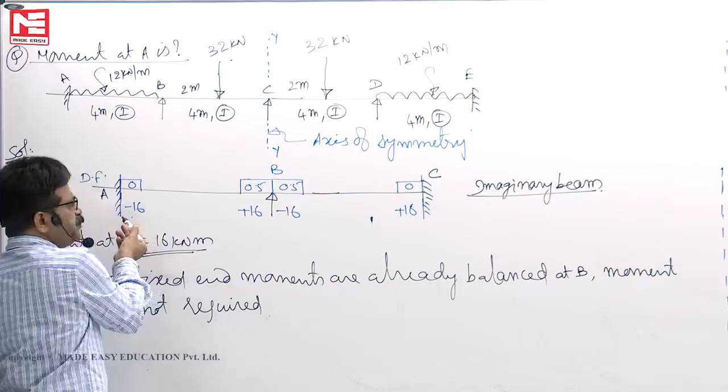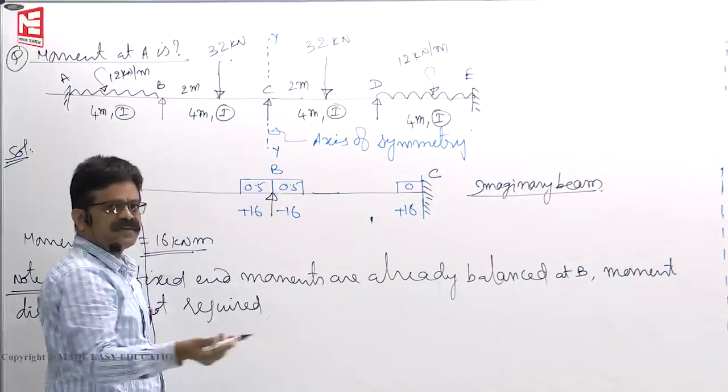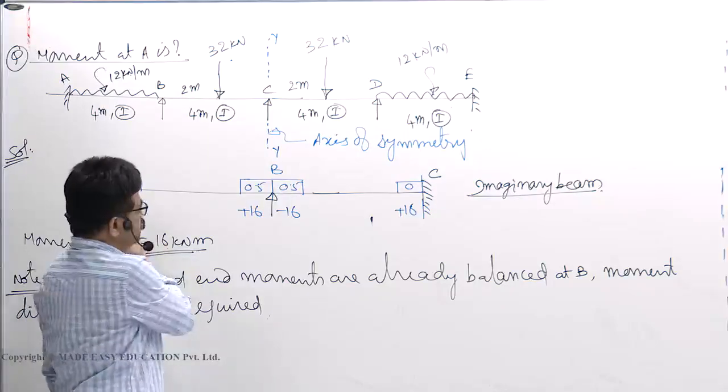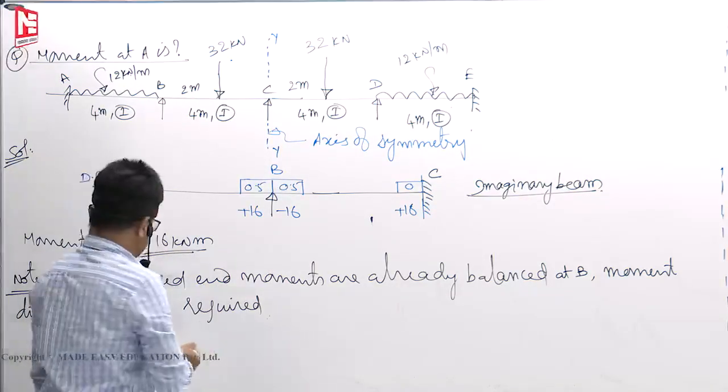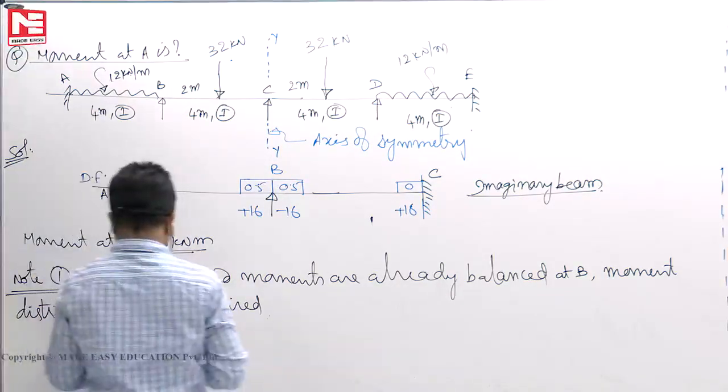So, no carryover moment is there. Fixed end moments will now become final end moments because you don't have to touch those values. So, moment distribution is not required.